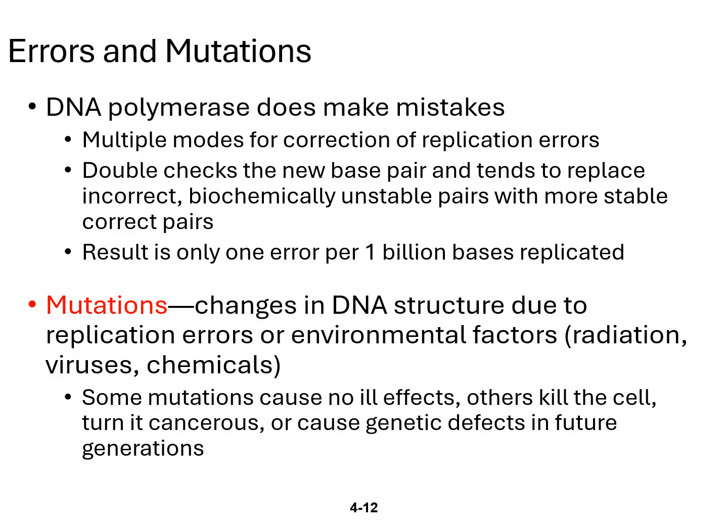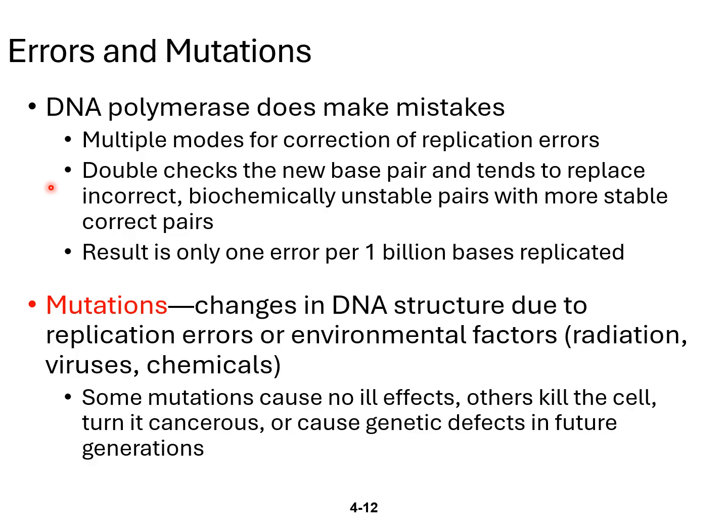So if it doesn't have a way to fact check it and correct these errors, then the older you get, the cells have more errors, more things fall through, and the cells start to die. So there are multiple modes for correction in replication. It double checks it.